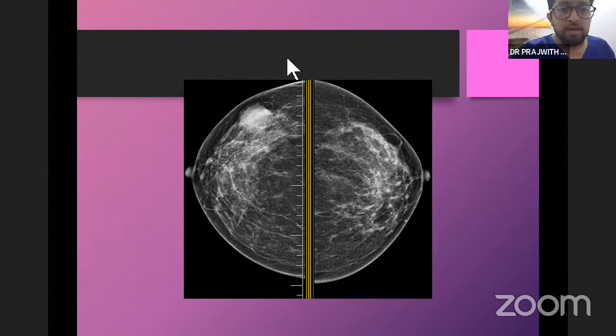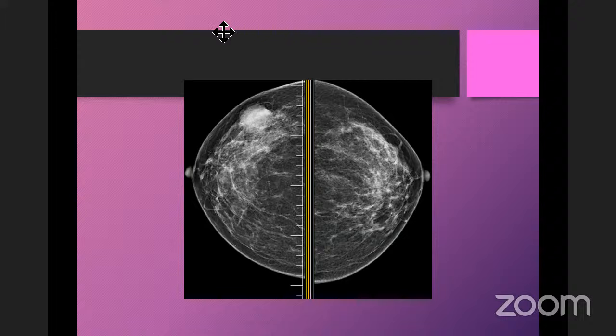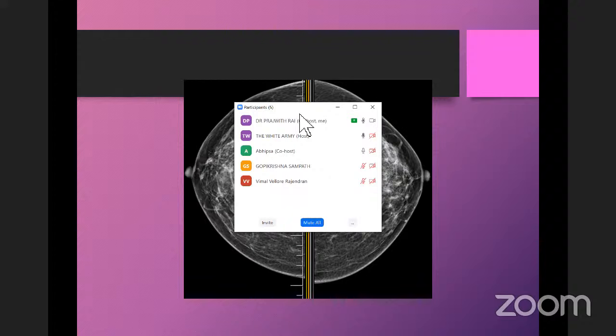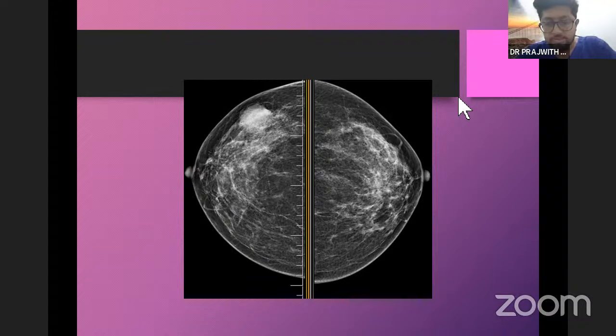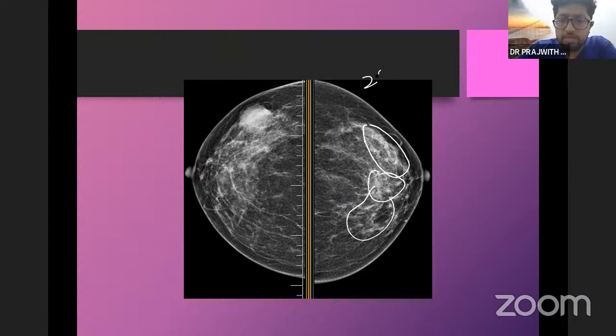Gopi Krishna, what kind of breast parenchyma is it? Here it is fibroglandular, almost 25%.